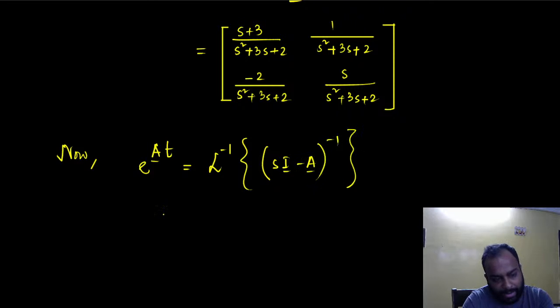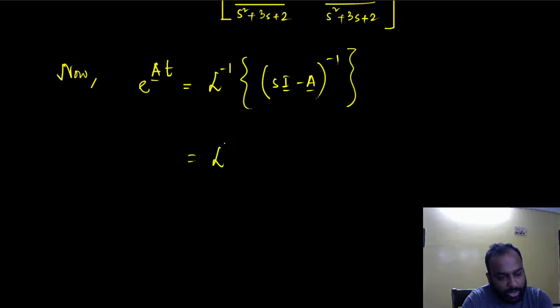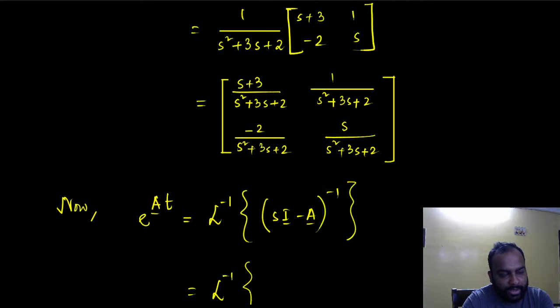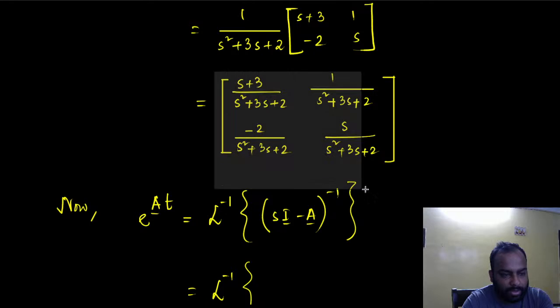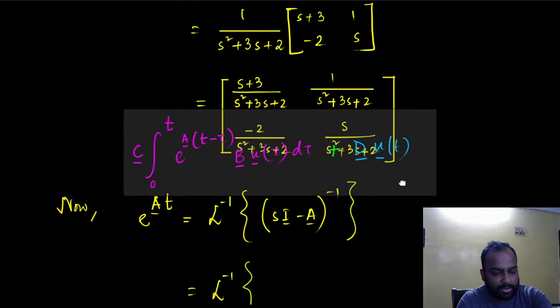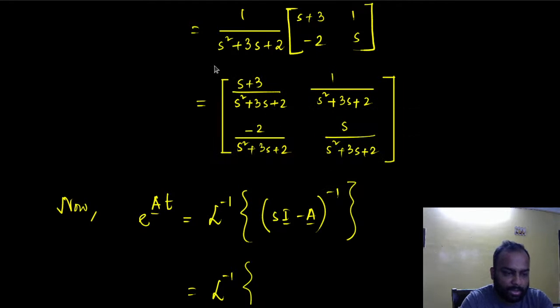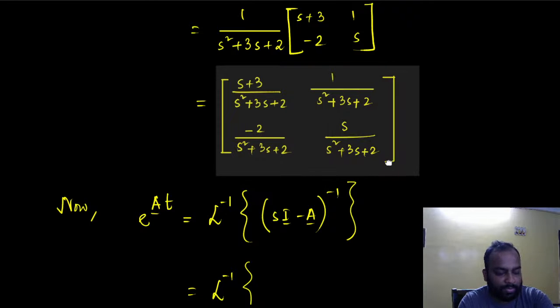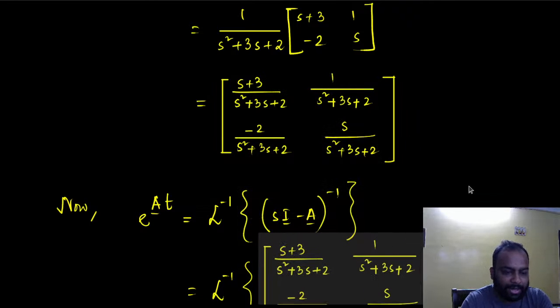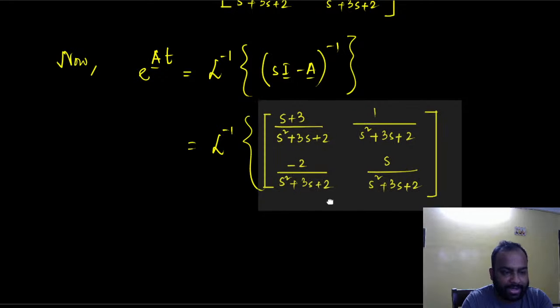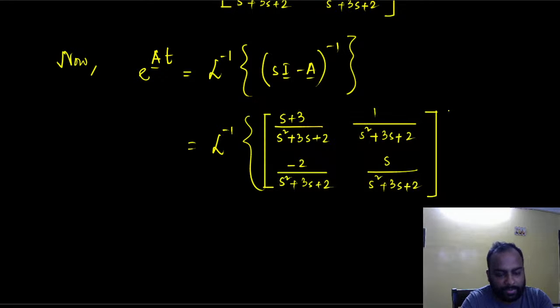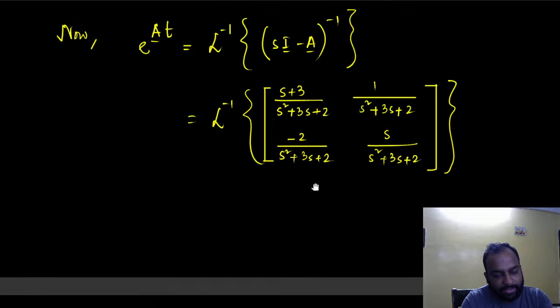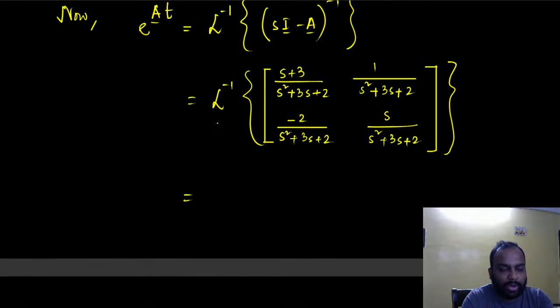We have calculated (sI minus A) inverse, so we are left with calculating the inverse Laplace transform of this. But the idea is very simple. We are just going to extend our idea to this matrix. Calculating the inverse Laplace transform of this is nothing but calculating the inverse Laplace transform of each of the individual elements.